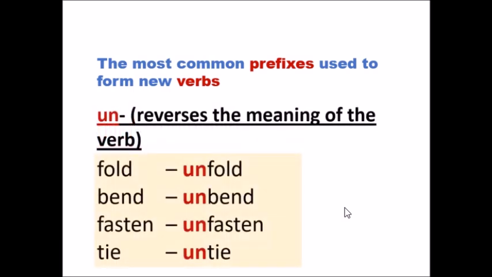Next prefix is un. This is a very common prefix we use. It reverses the meaning of the verb. Example, fold, unfold. Bend, unbend. Fasten, unfasten. Tie, untie. So likewise, we can add the prefix un to the verbs to form another verb, or to reverse the meaning of the verb.